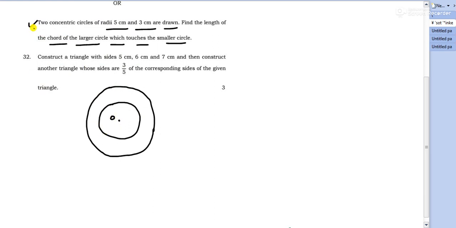Now, what is the question? Two concentric circles of radius 5 and 3. So I will take the bigger one and write it as CB, and the smaller circle I will write as CS. So this is the bigger circle. Let me write its radius: it is 5 centimeter, and for the smaller CS, the radius is 3 centimeter.